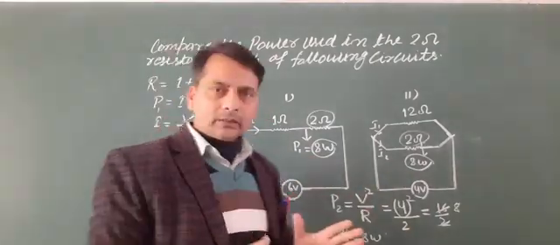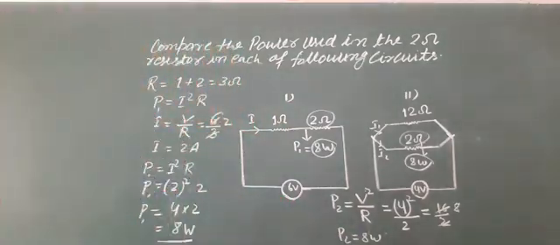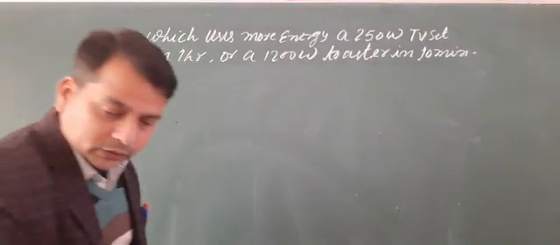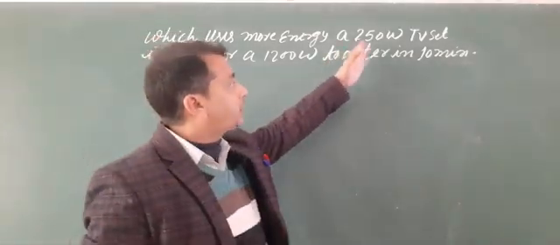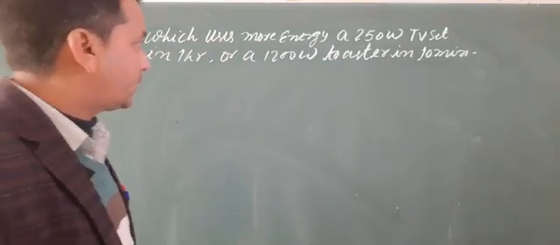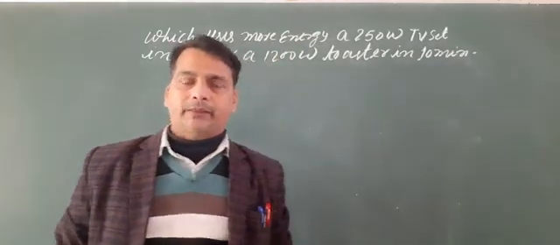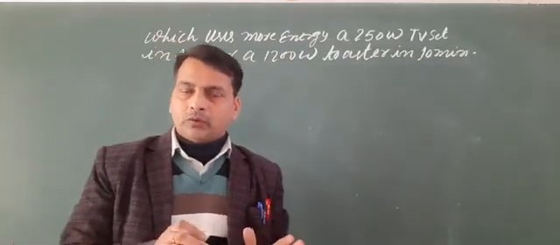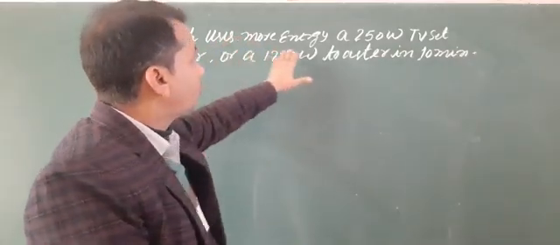So now the next question is here: which uses more energy, a 250 watt TV set in 1 hour or a 1200 watt toaster in 10 minutes? So in this question, which appliance consumes more energy?